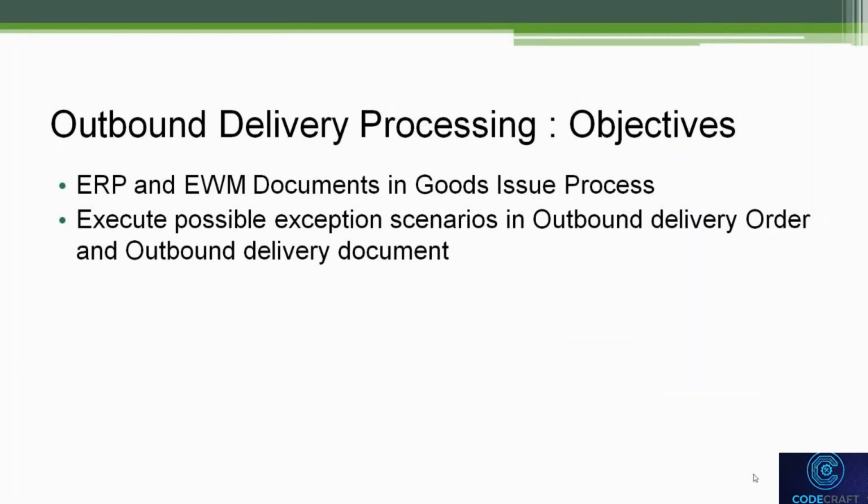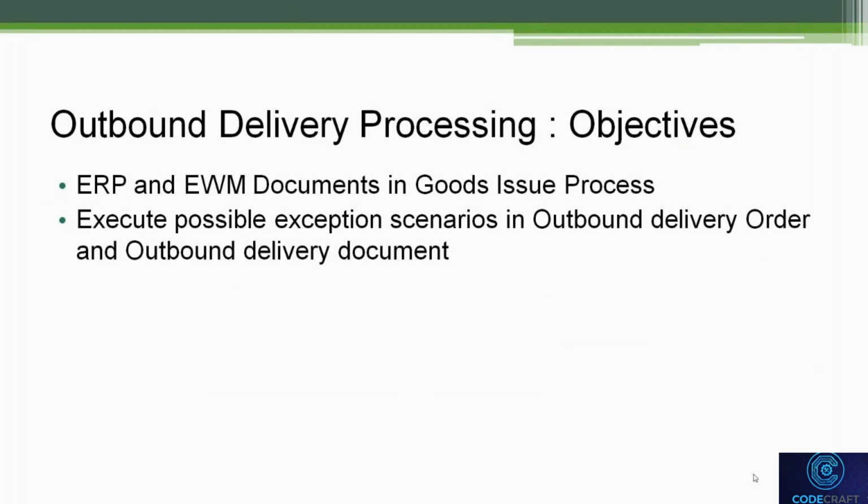So inbound has two mandatory steps: goods receipt and put away. Others are optional. These are the basic process, and we'll add several other intermediate steps in our complex processing. Same way in outbound: picking and goods issue.